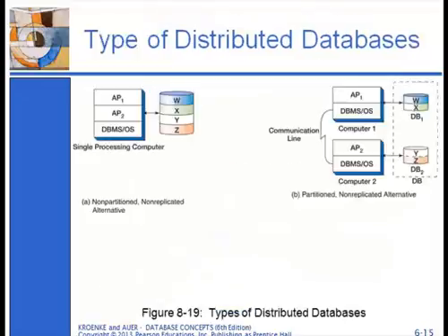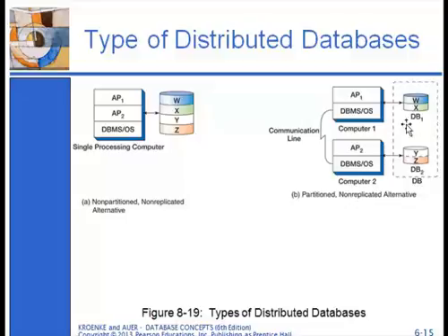Let's take a little closer look at some examples of the types of distributed databases. First, we have an example of a non-distributed database, a single processing computer. Next, we have the example of a database that has been partitioned but not replicated.